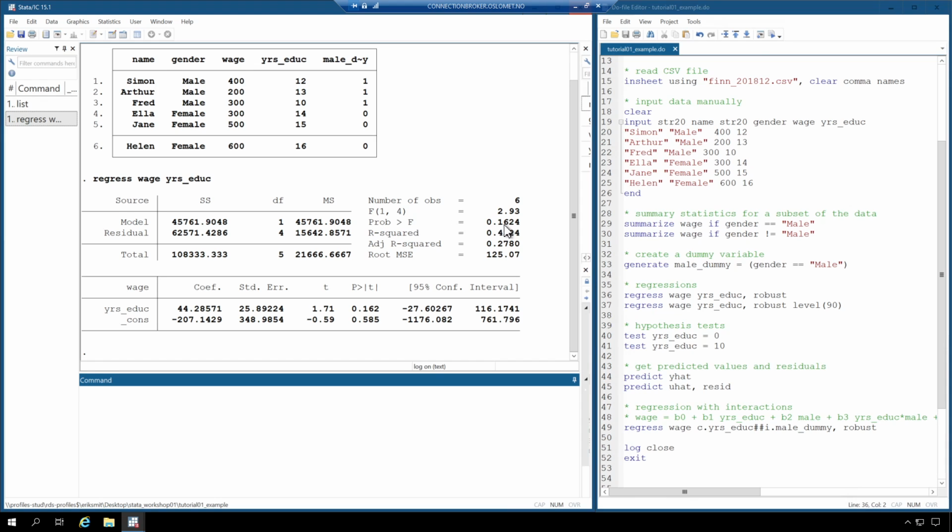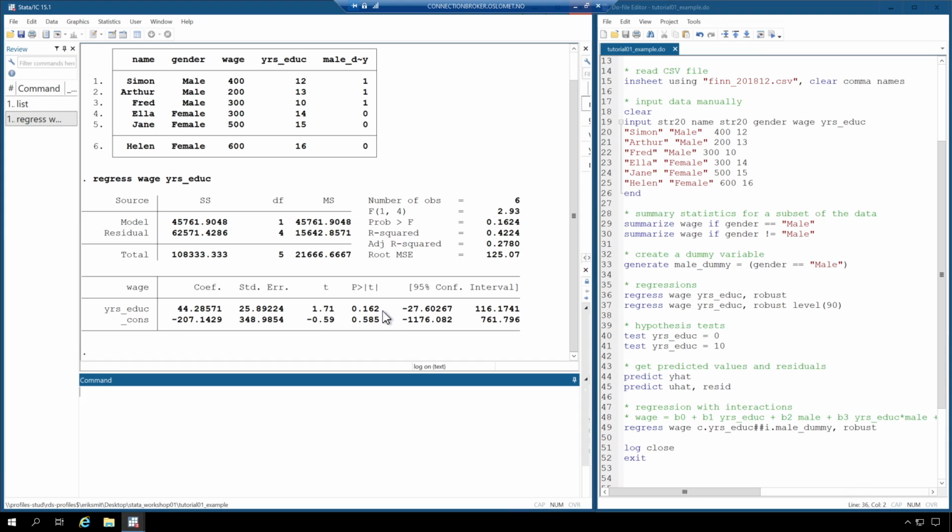This means that in 16% of the cases we would get an F statistic of 2.93 or more, given that our null hypothesis, that the slope on years of education is equal to 0.